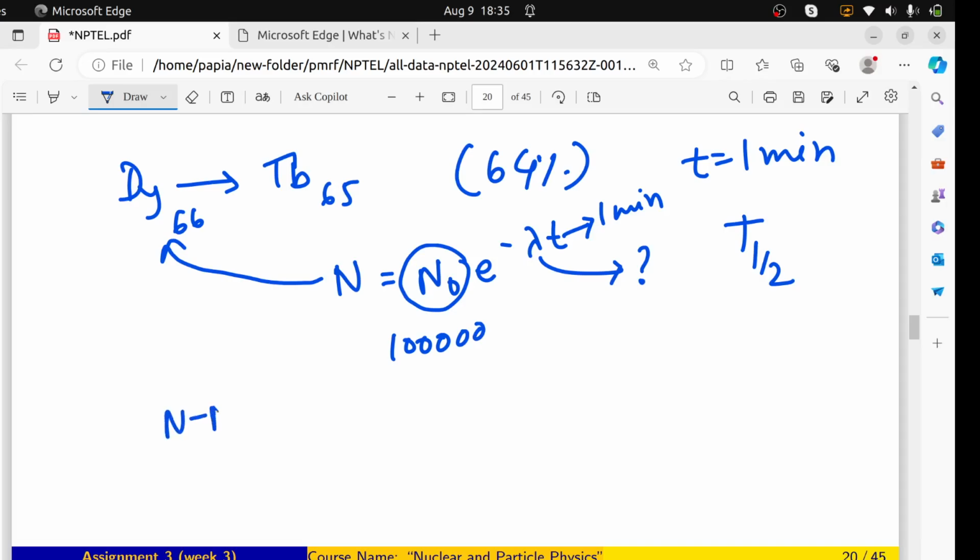We know that our N minus N0 should be TB or GD. But 64% should be TB. Right? Because 64% was TB. So whatever is there, that means 1 lakh.